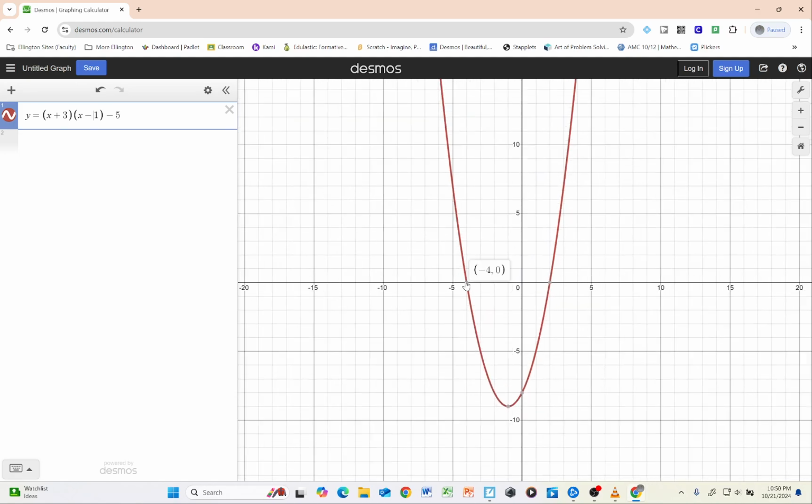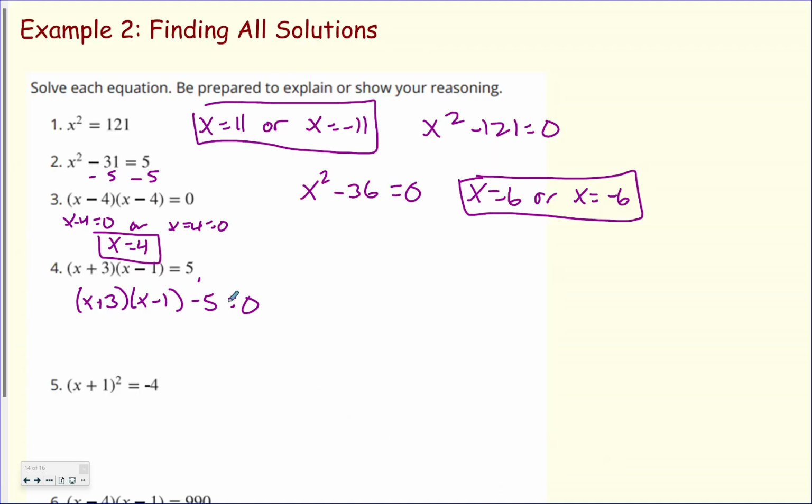Looks like it crosses at -4 and 2. And it looks like those are going to be the answers for this. Yep, and they work. I am pleased to report that both of them will in fact work here. So -4 and 2. Here's a case where we had to draw the graph for this one.